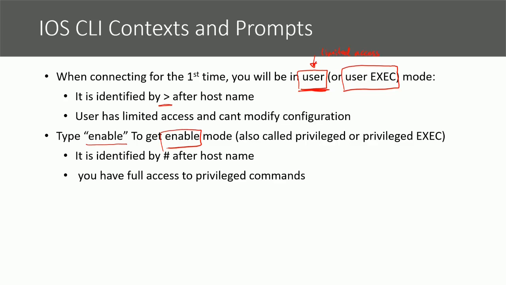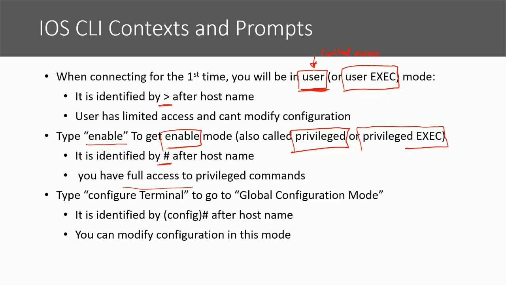Enable mode is called privileged mode in some cases because in this mode you have access to privileged commands, or sometimes it is called privileged EXEC. EXEC means execution because in this mode you will be allowed to execute privileged commands. This mode, enable mode or privileged mode, is identified by a hash after the hostname, and in this mode you have full access to privileged commands. If you want to make changes to the configuration, it is not enough to be in privileged mode.